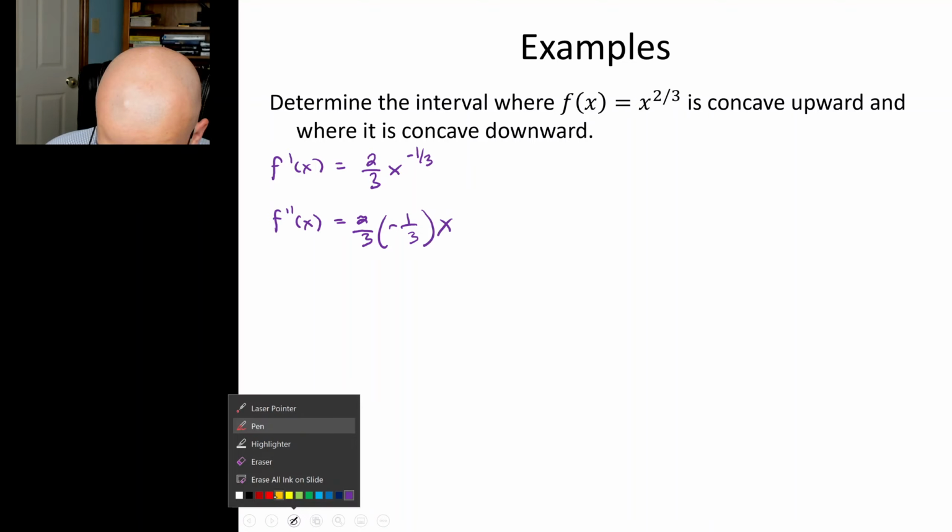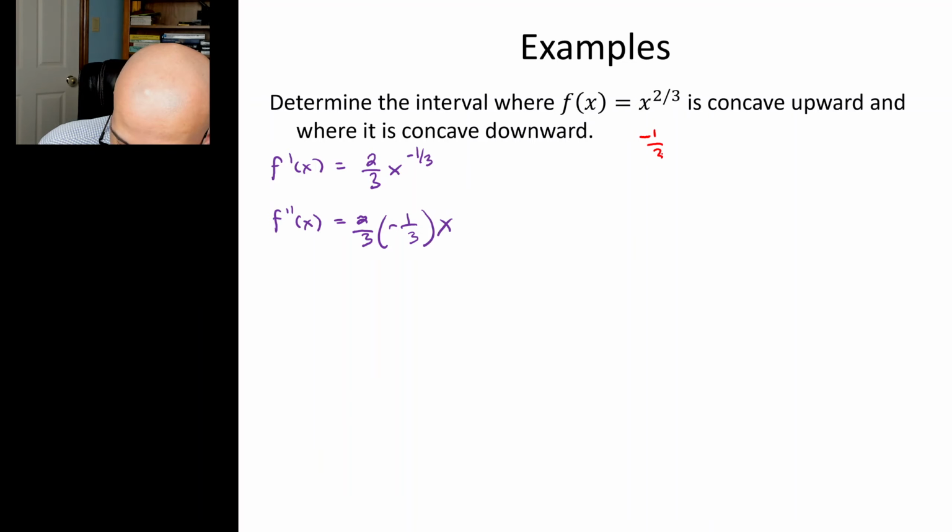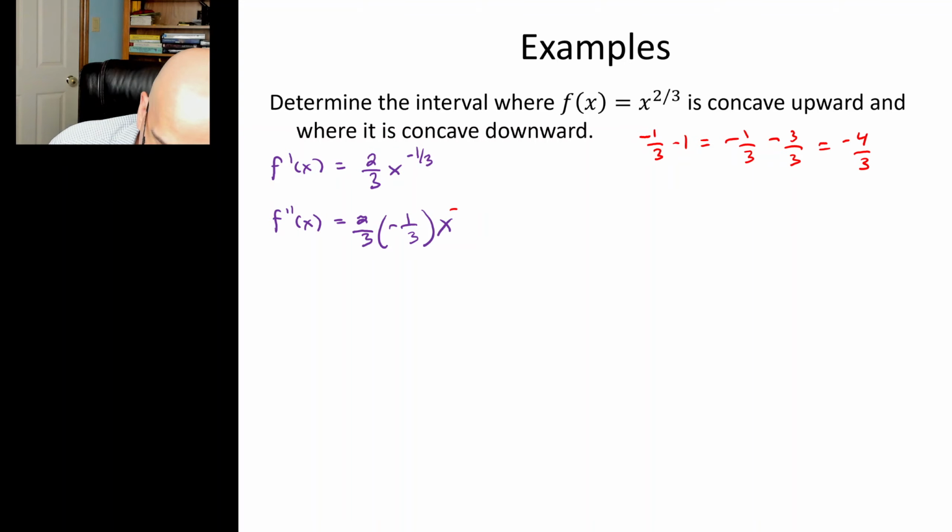I'll do that one off to the side. Minus 1 over 3 minus 1. It's minus 1 over 3 minus 3 over 3, which is negative 4 over 3. Then we can simplify.